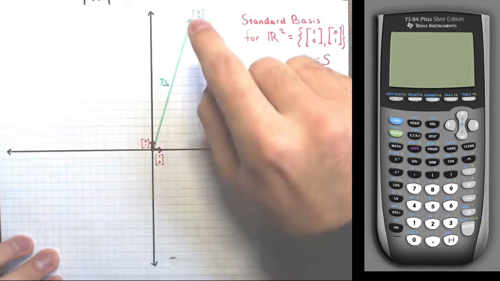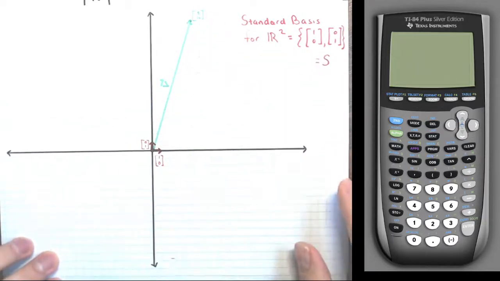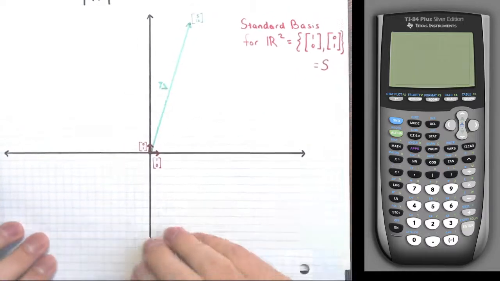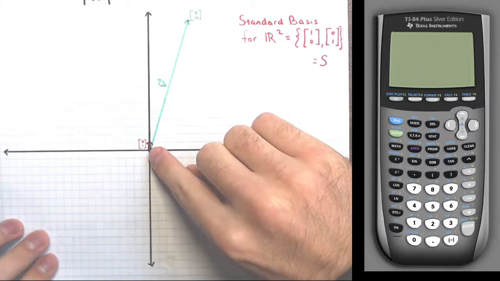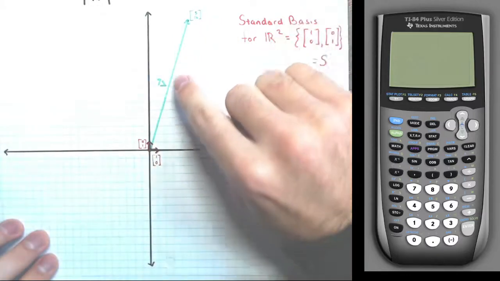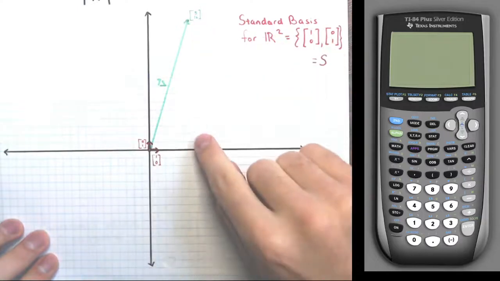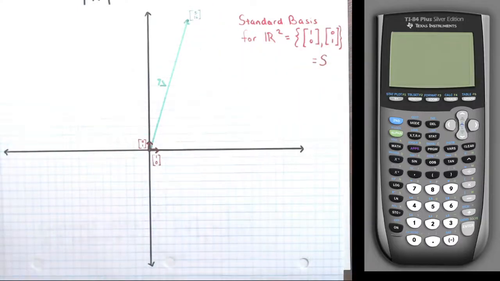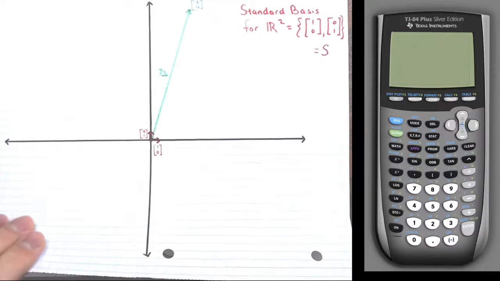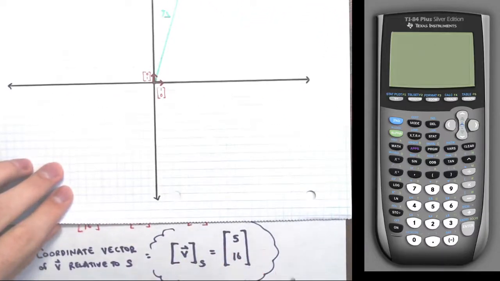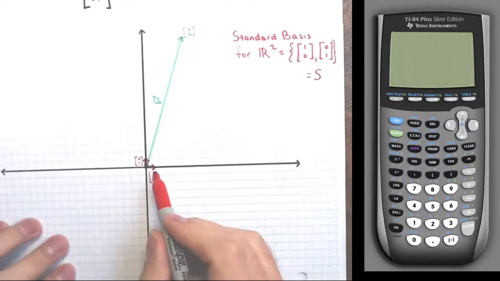All right, so you see 5, 16. Remember I mentioned I drew it as a position vector. So from here to there is 5, 16, over 5 and up 16. Well, remember I mentioned the coordinate vector here is also 5, 16. So that means I take 5 of these.